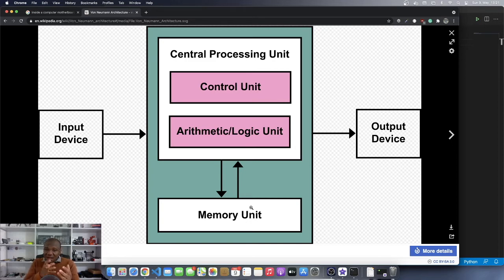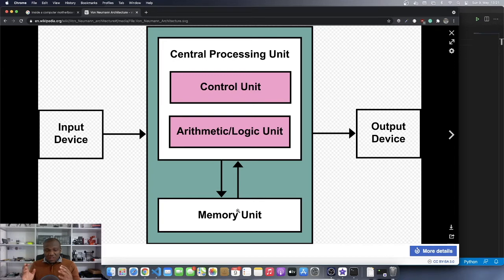Through some other technology, sometimes it is magnetic, sometimes it is optical, they are able to retain the information that is stored on them. But we want to focus on what happens between your processor and your RAM, which is also the primary memory.